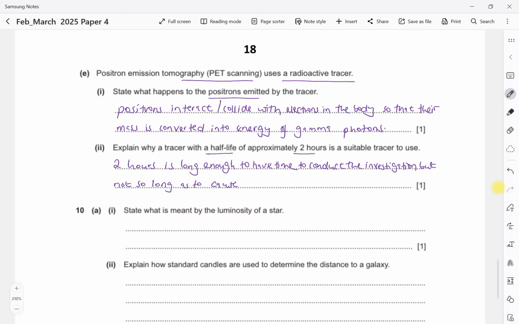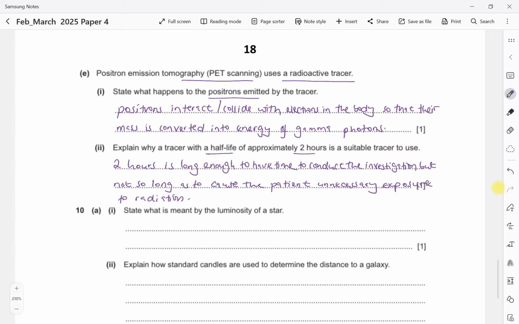So in 2 hours, the scan can be complete.